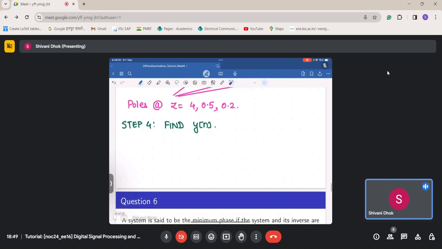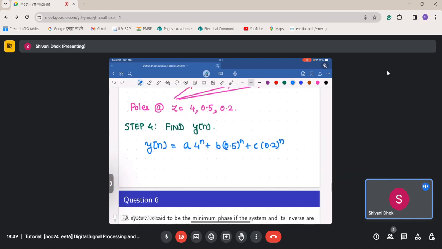So now we can write y of n is equal to a into 4 to the power n plus b into 0.5 to the power n plus c into 0.2 to the power n.